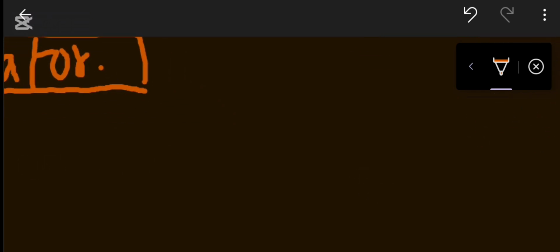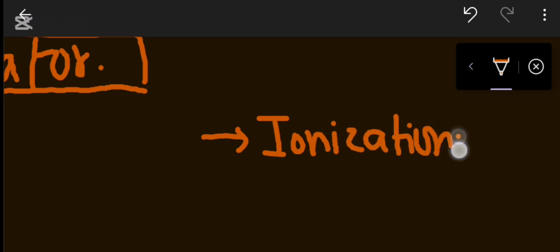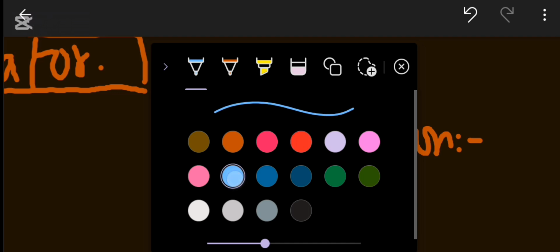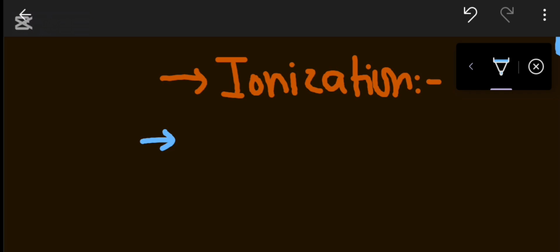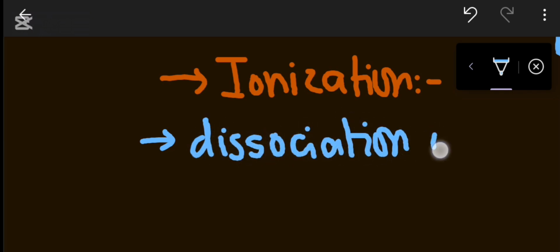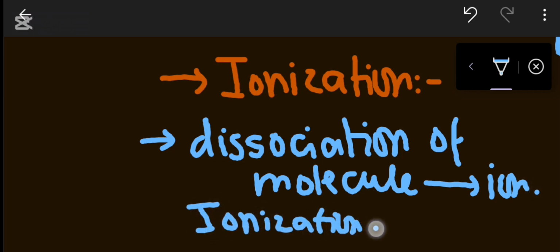Now, another property of water is basically ionization. What does the term ionization simply mean? It is the dissociation of a molecule, whether water or any other molecule, meaning the breaking of that molecule into ions. That is known as ionization.